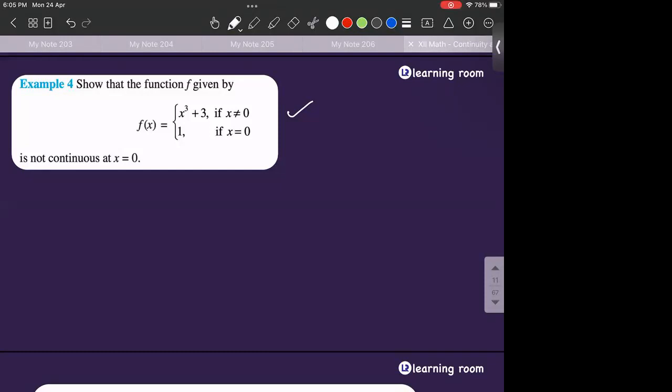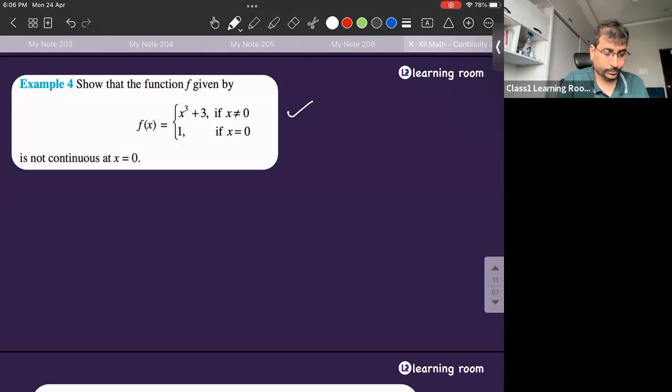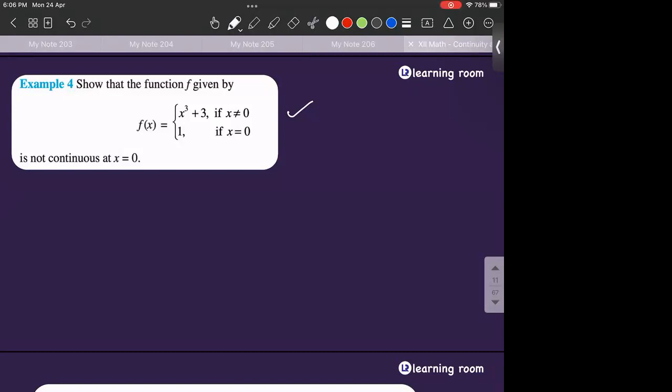Yeah, tell me what is the answer. Sir, it's not continuous, sir, because one side will be -1 and one side will be +1, sir.